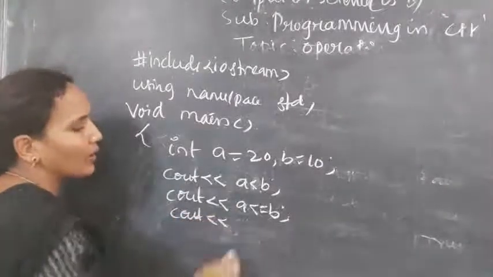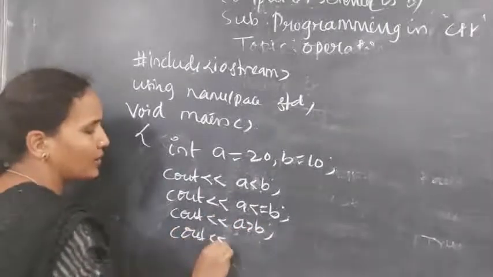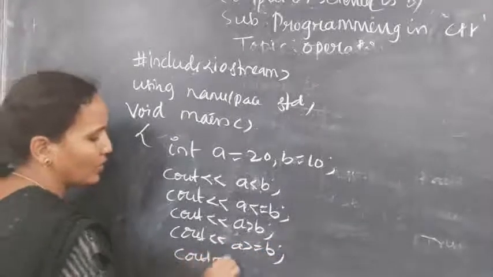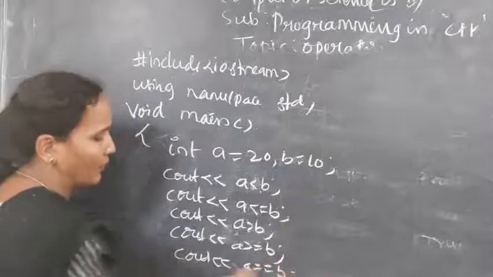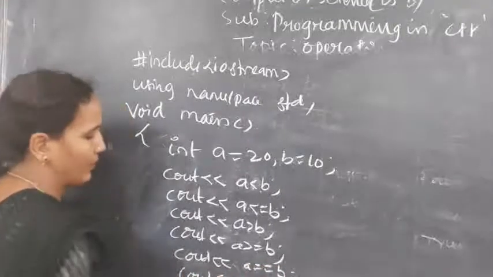Cout A greater than B. Cout is the output statement. A greater than or equals to B. Cout A equals equals B. Cout A not equals to B.